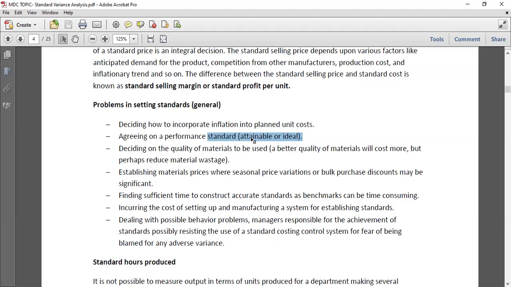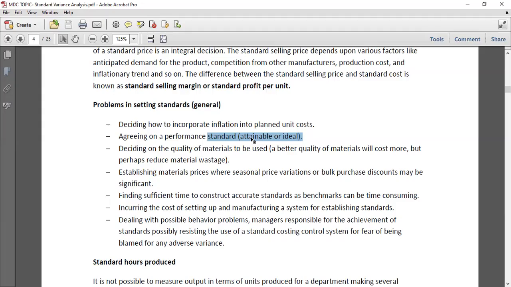So when management is setting standards, it also asks itself, am I setting ideal standards that are for perfect conditions? Am I setting attainable standards? Am I setting basic standards, okay? Or am I setting standards that are from past performance as well? So we shall see that now.